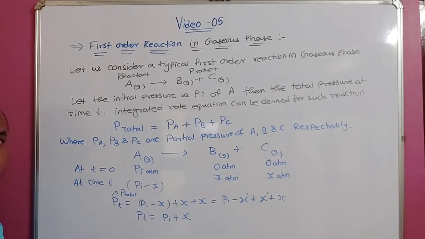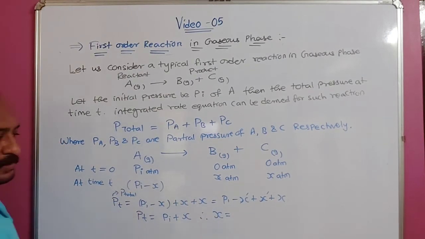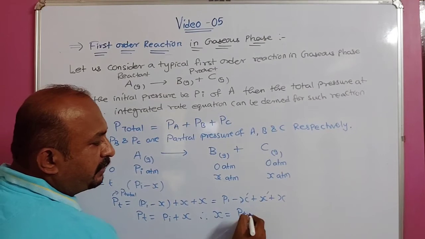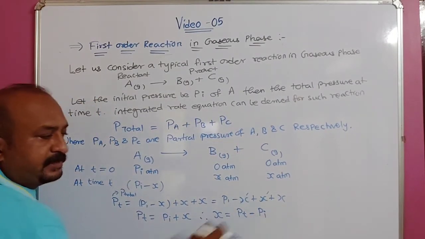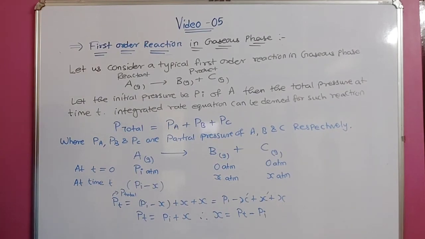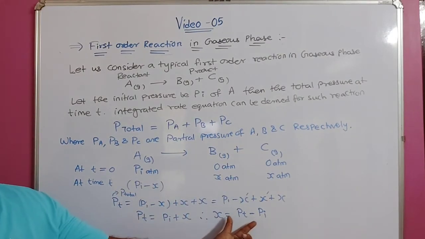Therefore x is equal to Pt minus Pi, that is total minus initial. That is the x atm.